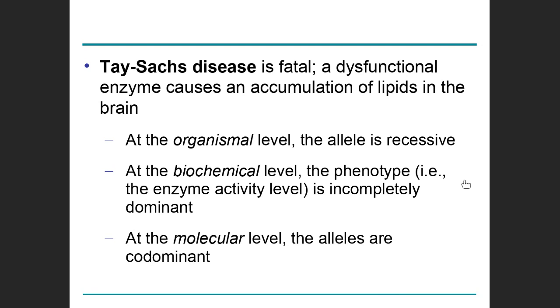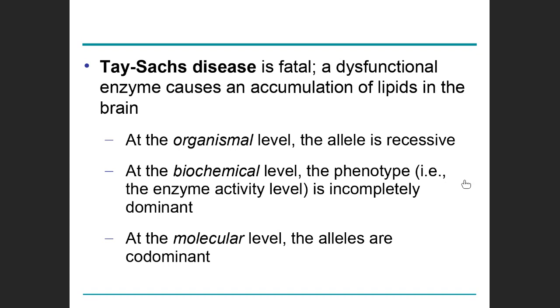But when it comes to dominance, again, in general, incomplete dominance refers to a phenotype that's intermediate between the two parents. Codominance also refers to the phenotype because we see both phenotypes. They're both expressed, and we see them both.